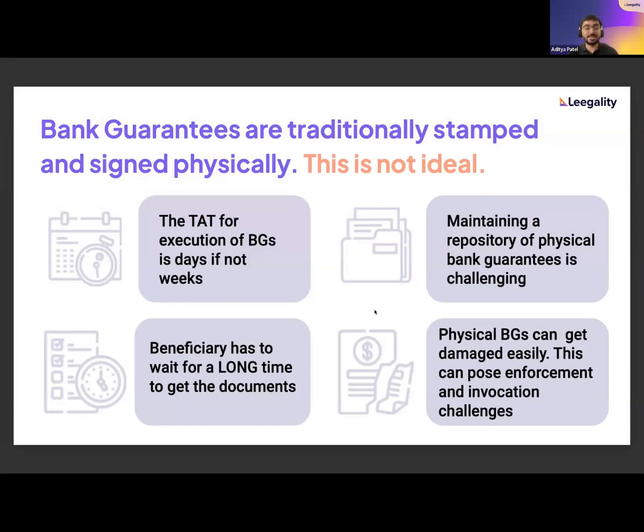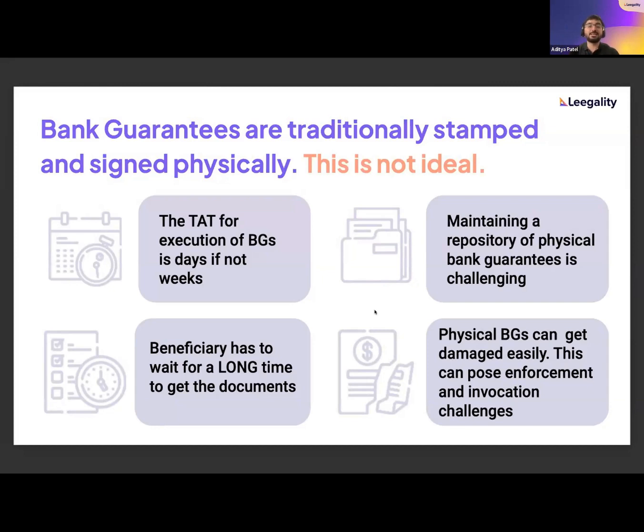The beneficiary actually has to wait for a much longer time for documents, but there are also serious legal issues. One is that maintaining a repository of physical bank guarantees for retrieval later is quite challenging. And physical BGs can get damaged easily, can get disputed easily, and there's a lot of litigation around actual enforcement of bank guarantees.